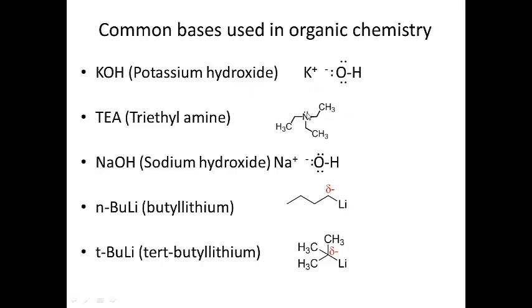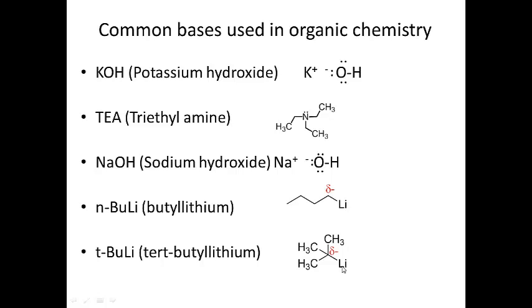There are three ethyl groups attached to nitrogen here. Very good base. Butyllithium is an excellent base. The carbon in butyllithium is actually negative, and it works as a base, and it's able to deprotonate. And then tert-butyllithium, which is just an isomer of butyllithium, also has a negatively charged or partially negative carbon here, covalently bonded to lithium. A very good base.